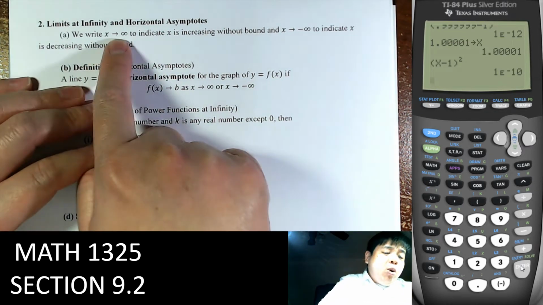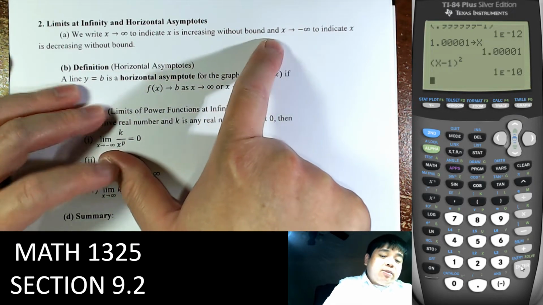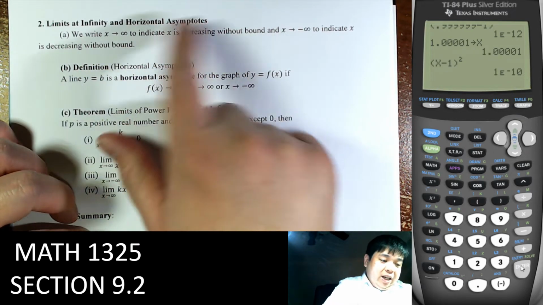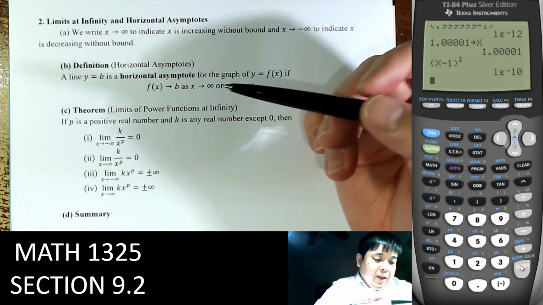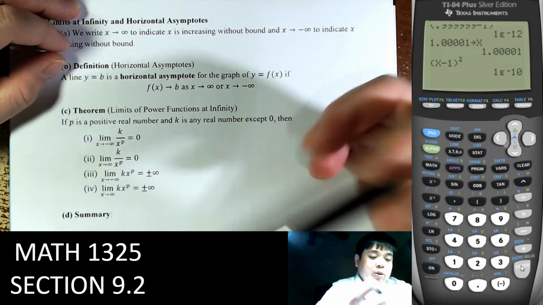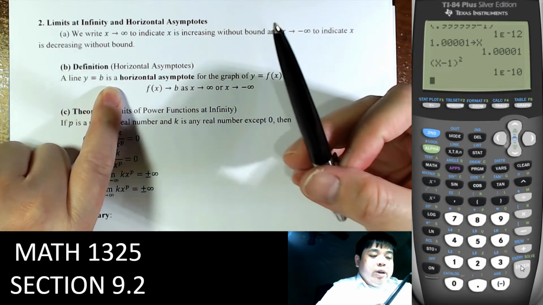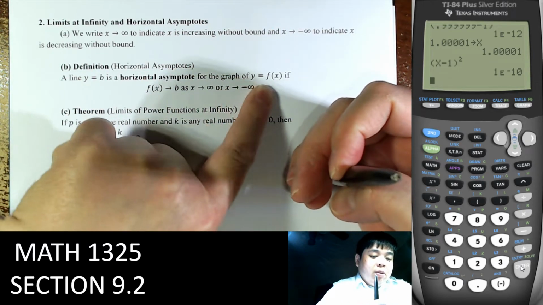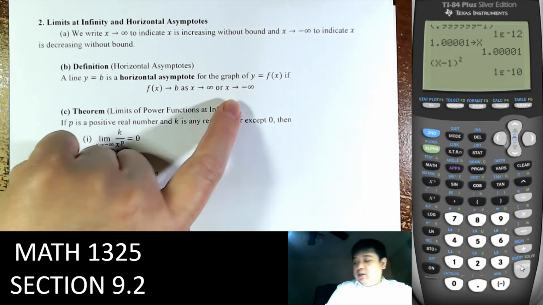So we write x goes to infinity to indicate that x is increasing without bound, and x goes to negative infinity to indicate that x is decreasing without bound. On this one, we focus on the horizontal asymptote, and then we talk about the limit. Horizontal asymptote: the line y equal to b is a horizontal asymptote of the graph if the function goes to that value when x goes to infinity or negative infinity.